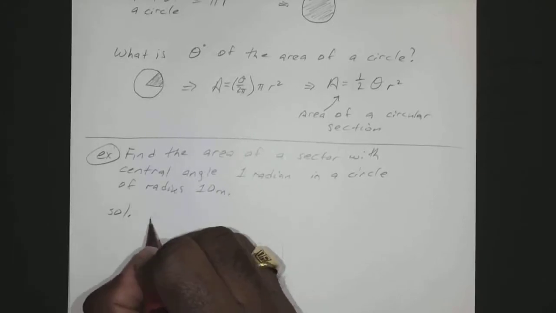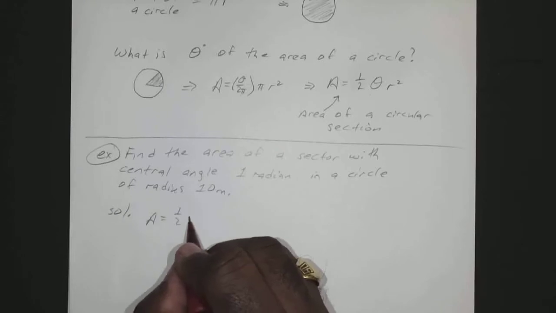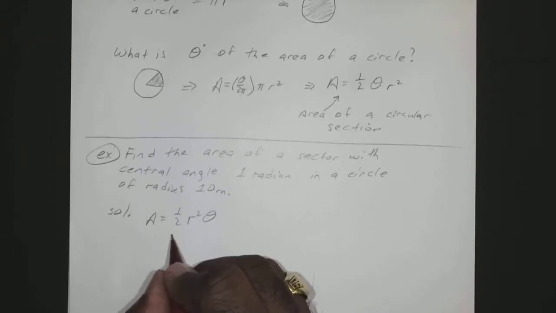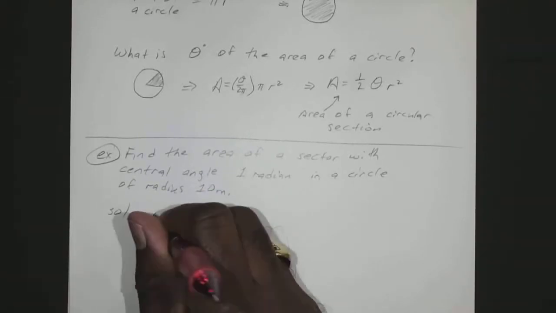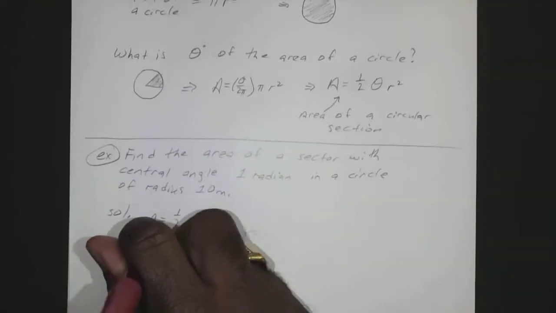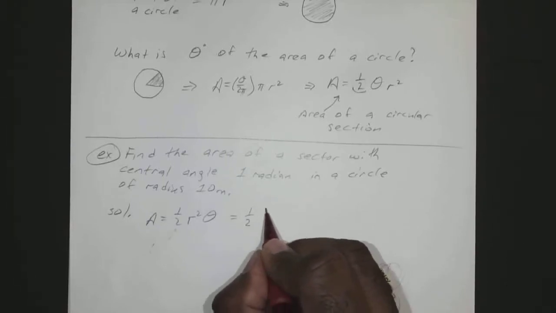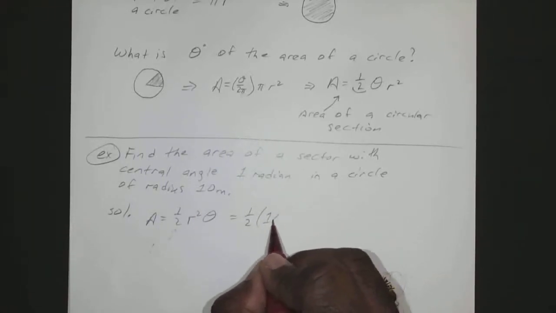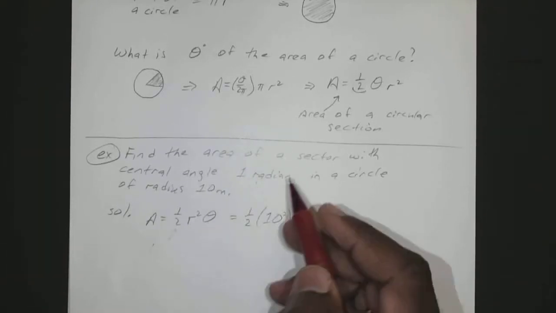Okay, so we know that the area is equal to 1/2 theta radius squared, or radius squared theta, however way you want to write it, same thing. So 1/2, we already know. Then we have 1/2 times our radius squared, so that would be 10 squared, times theta, which our central angle is equal to 1.